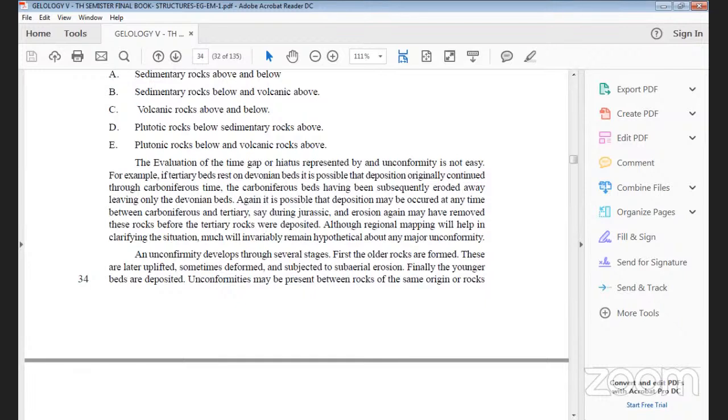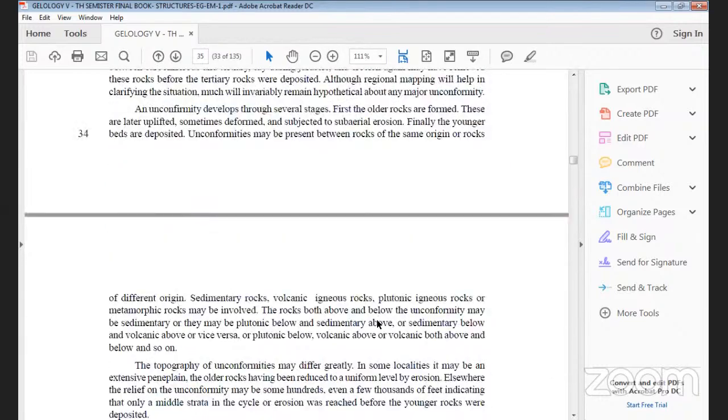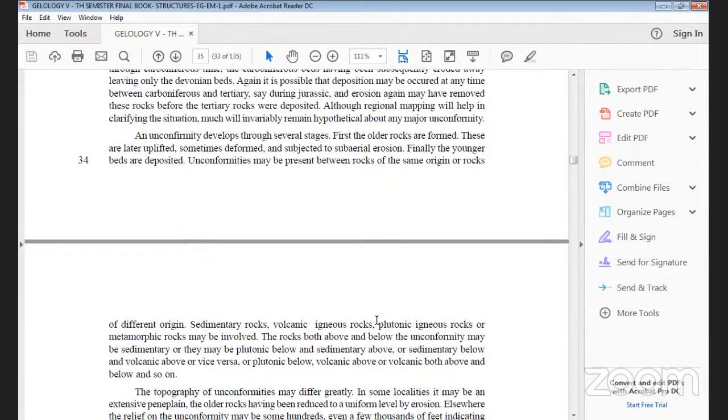These are later uplifted, sometimes deformed, and subjected to subaerial erosion.